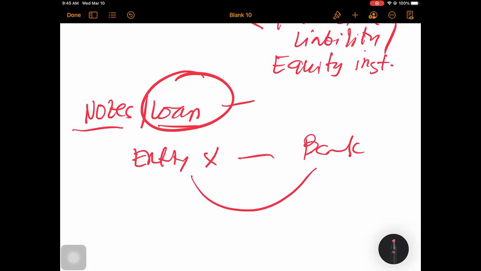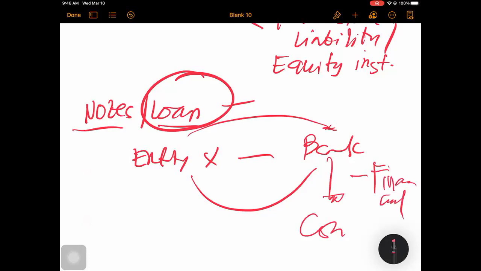Okay, in this case, let's say entity X borrowed from the bank, the bank has the contractual right to receive cash from entity X. So therefore, the bank will record a financial asset, loan receivable.